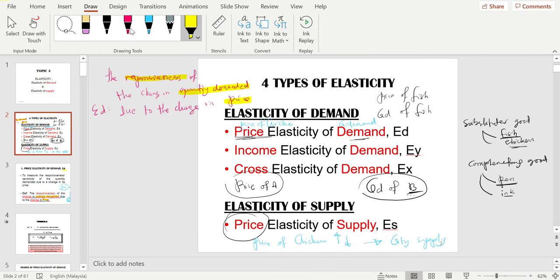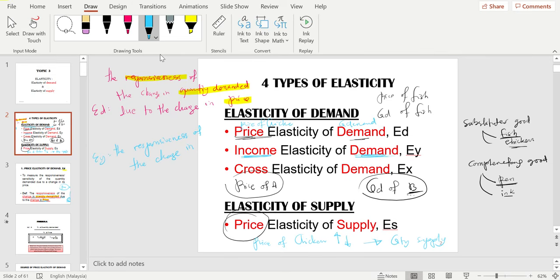Well, if you want to do the definition for income elasticity of demand, okay, the definition will be the same. The responsiveness of the change in apa? Income. Tukarlah kat sini. Sorry.